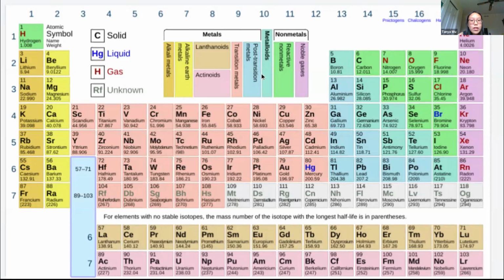So the periodic table is sorted based off of the number of protons, but as you can see, it's not just a regular rectangle. It's a weird shaped rectangle with stuff in it. That's because it's sorted by the number of valence electrons as well.